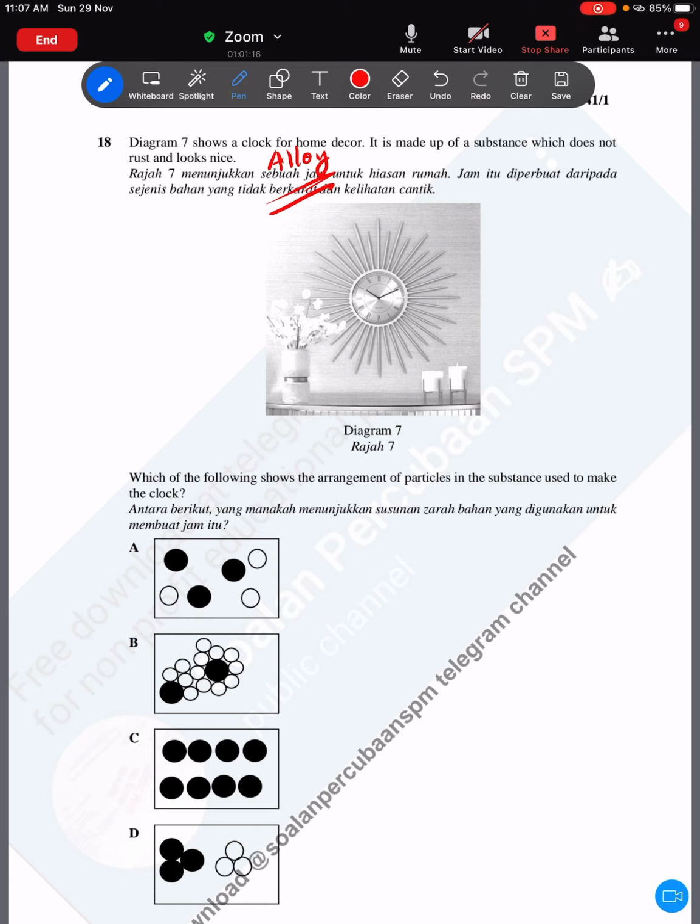Tell me which one is alloy? It's B because it is made of different particles that disturb the layer of arrangement. This is an alloy. Okay, done.